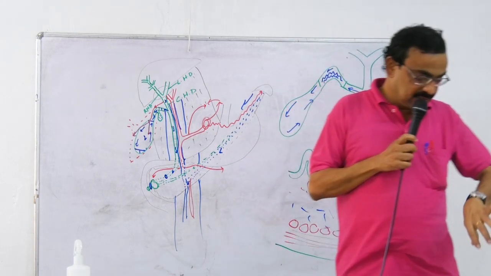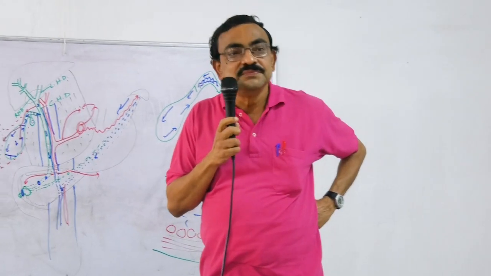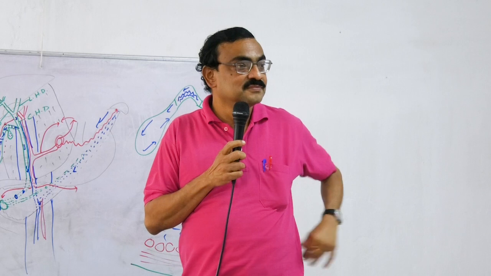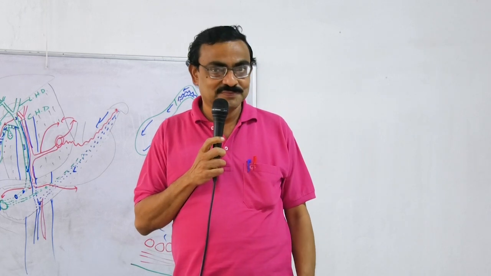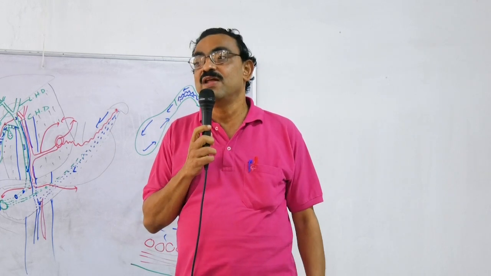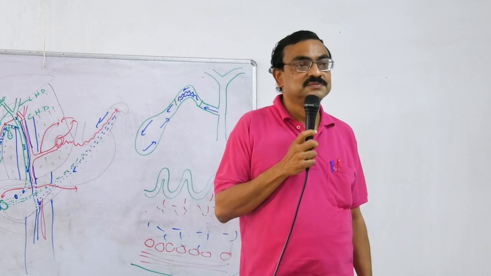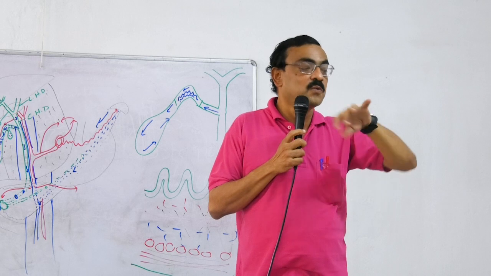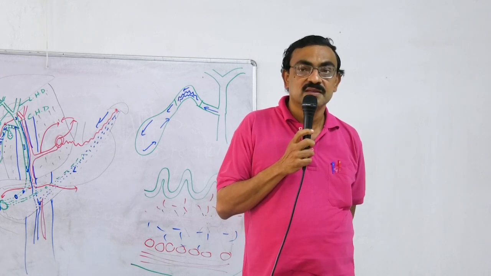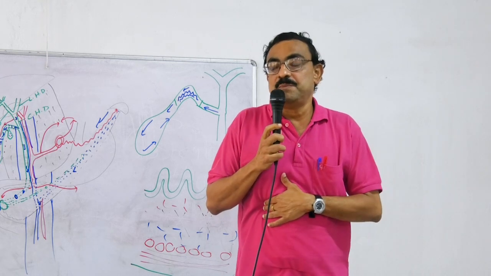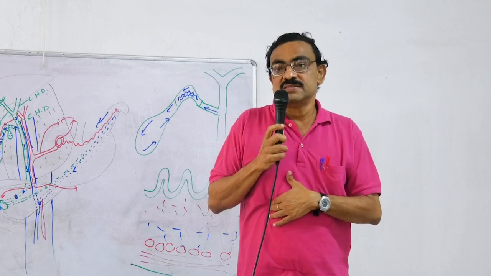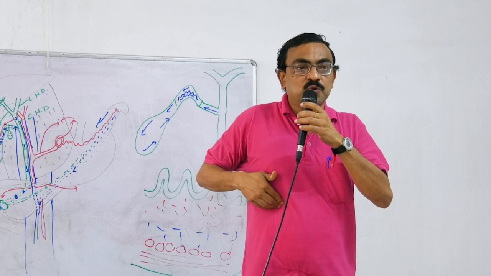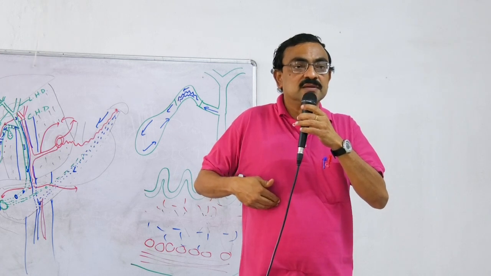What is the clinical anatomy? Inflammation of the gallbladder is called cholecystitis. That might be acute, there might be pain over this region. And what is the position of the fundus of the gallbladder?